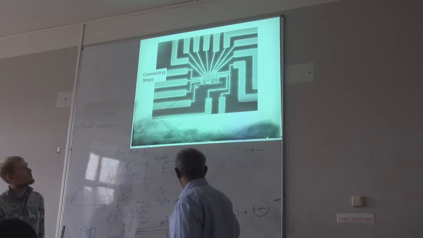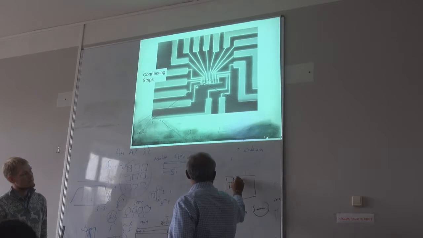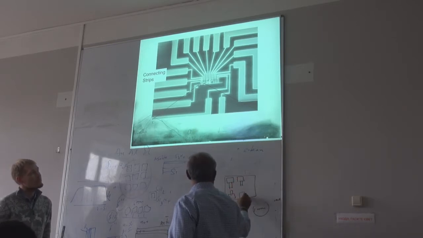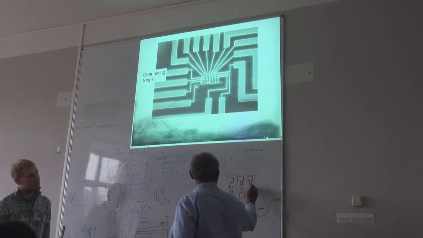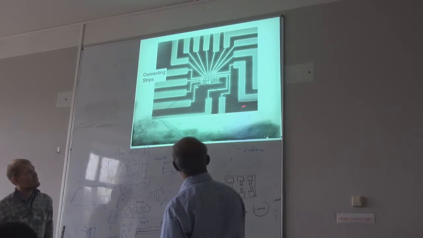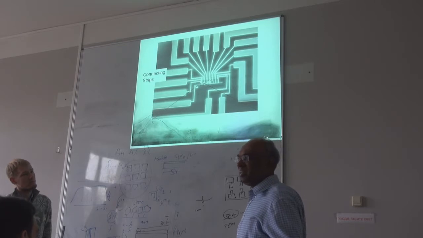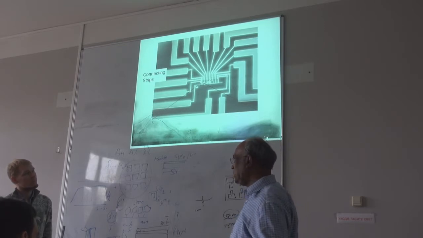So what we do is, first we make these large patterns like this by photolithography. The only thing you need is a mask, right? You can ask somebody to make a mask for you.